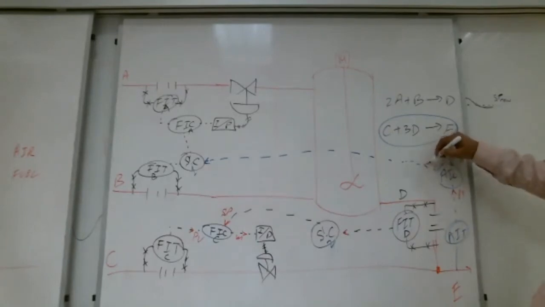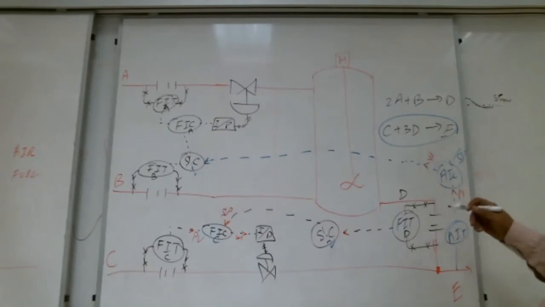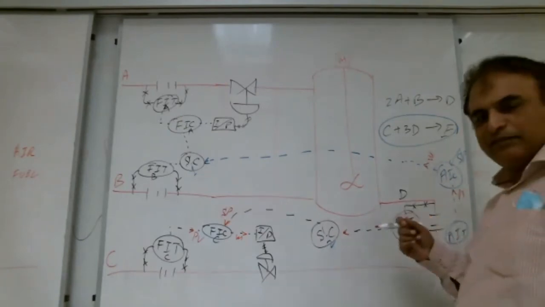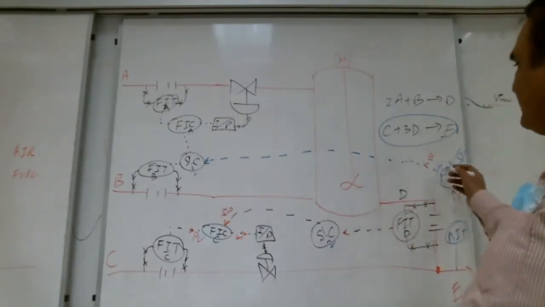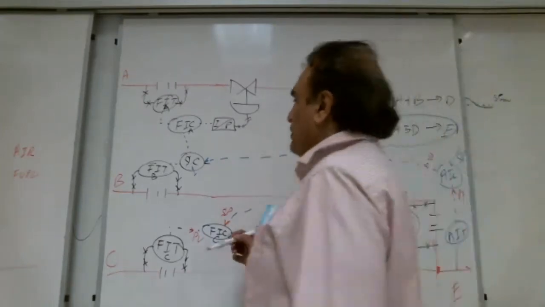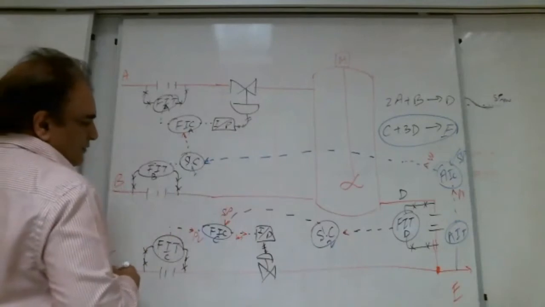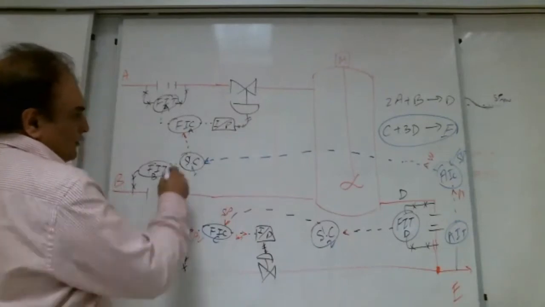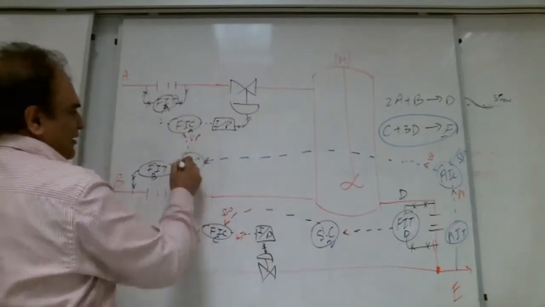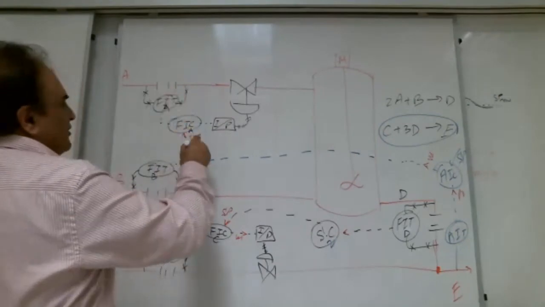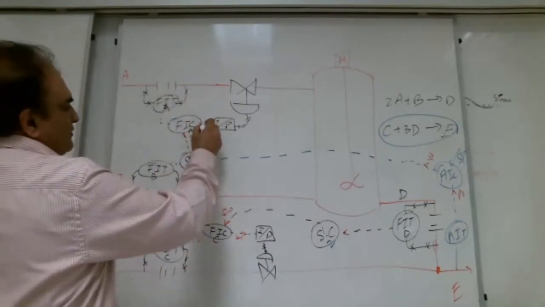What is this signal? Output M. Small m. Brother Hussain is writing capital M. Brother, here it is small m. This is going here. What is this? Set point. Set point for the controller. For the signal calculator, it's just output. What is this?